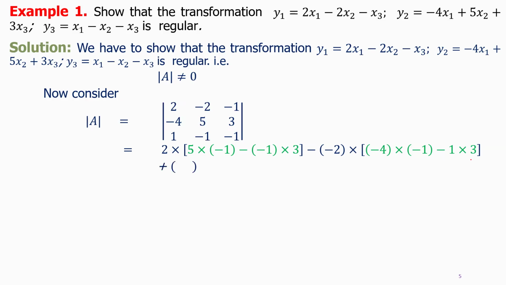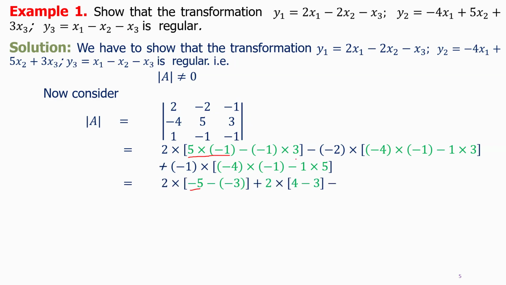The third step is we have to leave this row and this column. Minus 1 into (minus 4 into minus 1 minus 1 into 5). Minus 5 into minus 1 is minus 5.